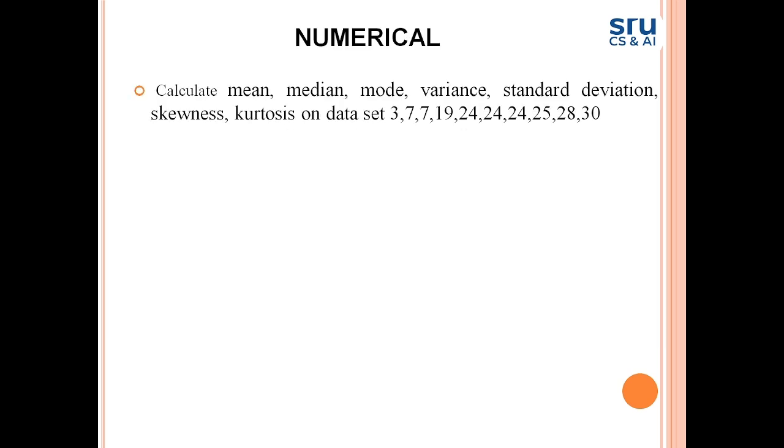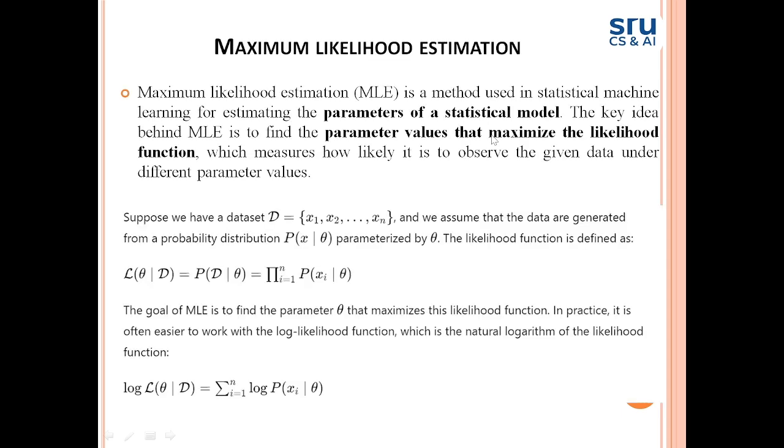So here in this numerical, we can calculate mean, median, mode, variance, standard deviation, skewness, kurtosis. Based on the formulas given in the previous slide, one can calculate this numerical for practice.